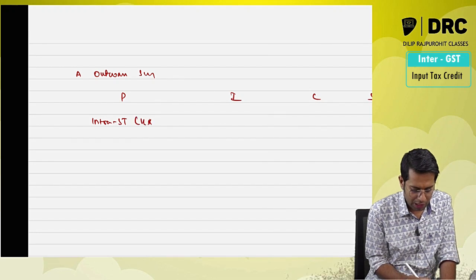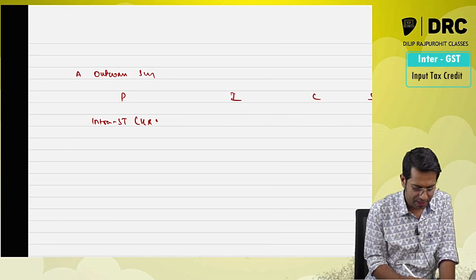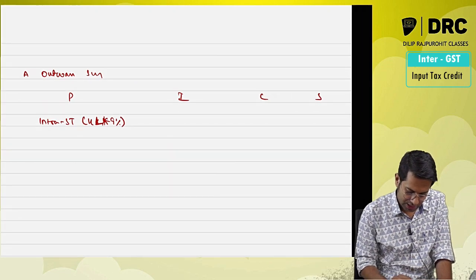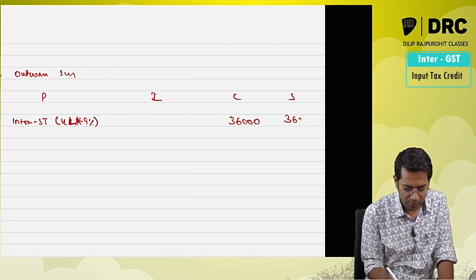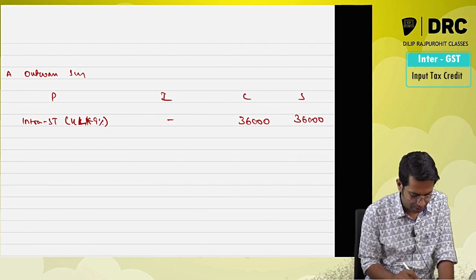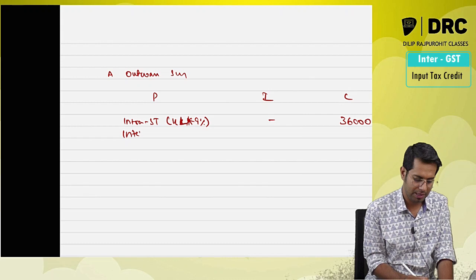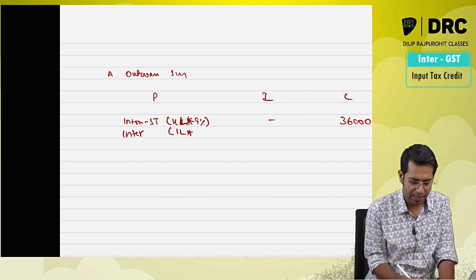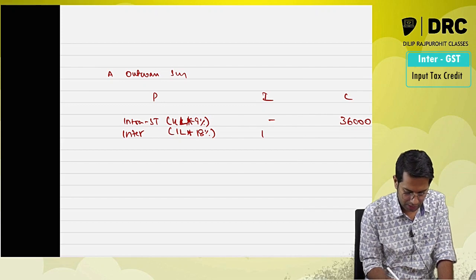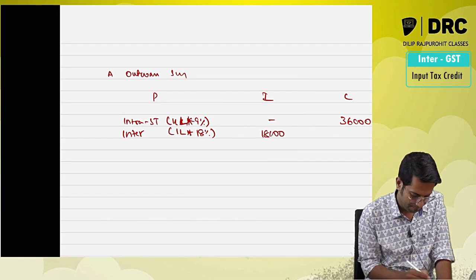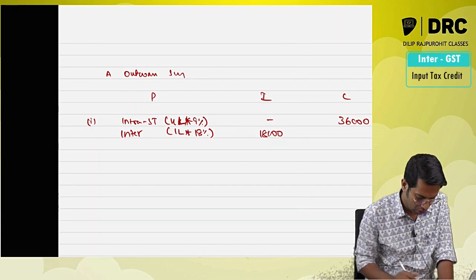Intra-state 4 lakh into 18%, 4 lakhs into 9%. So CGST will come to 36,000, SGST will come to 36,000, and interstate supply is 1 lakh into 18%, which is equal to 18,000 rupees. So this is with respect to point number 1.